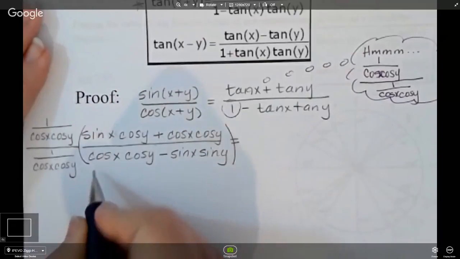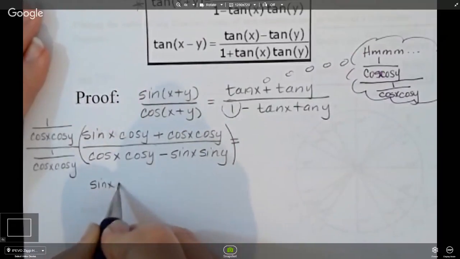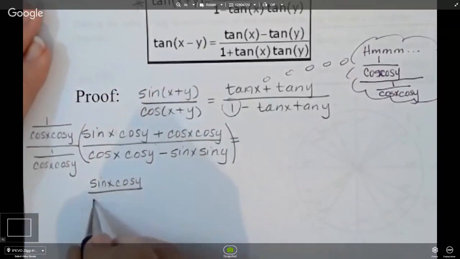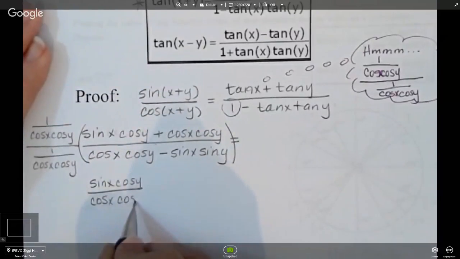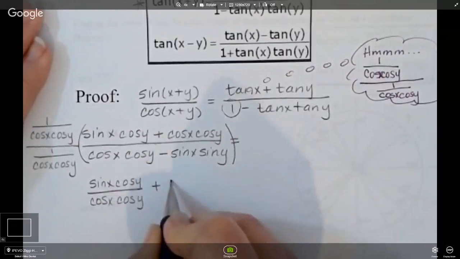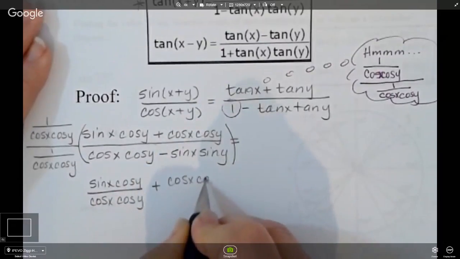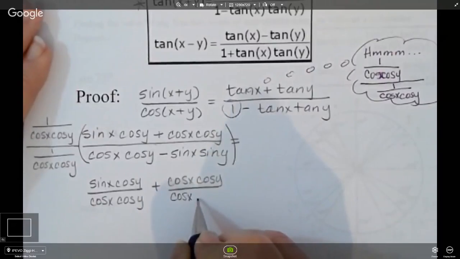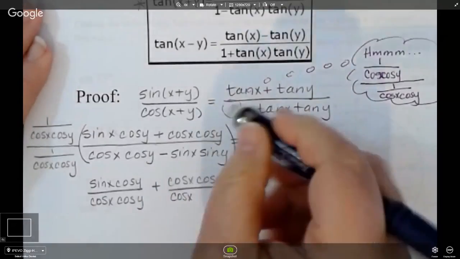We're going to say the numerator now will look like the sine of x cosine of y over this denominator here, which is cosine x, cosine y, plus cosine x, sine y, over cosine x. Oh, wait, you know what? I made a mistake, didn't I?